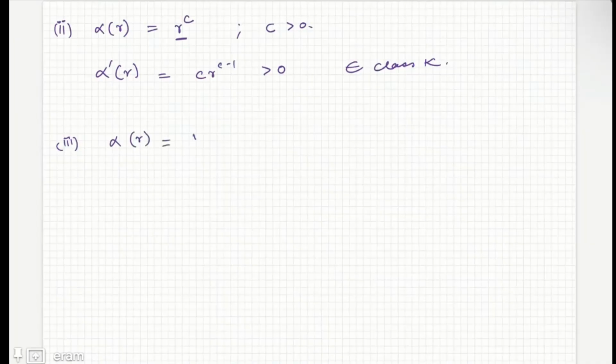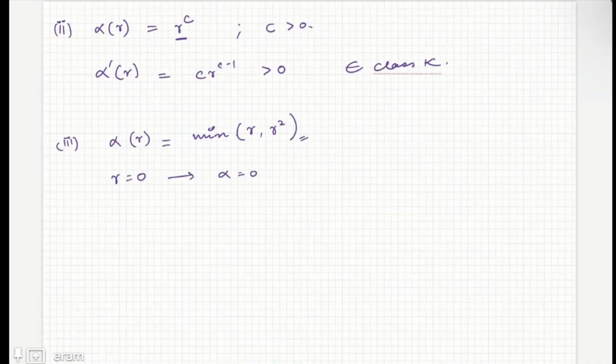The third function is the minimum of r and r square. Here also we can check that when r equals 0, the only solution is alpha equals 0, because the minimum will be 0.